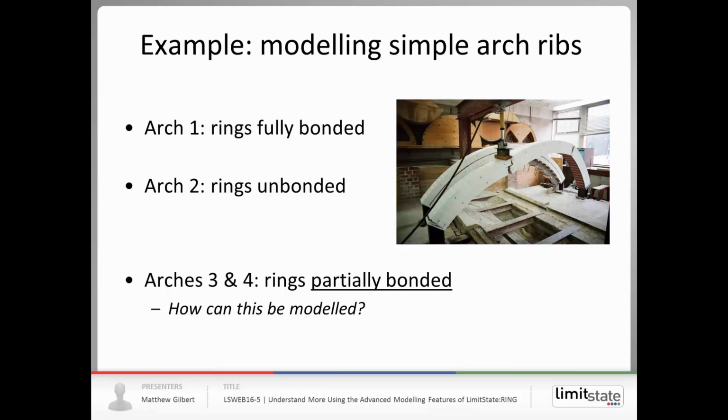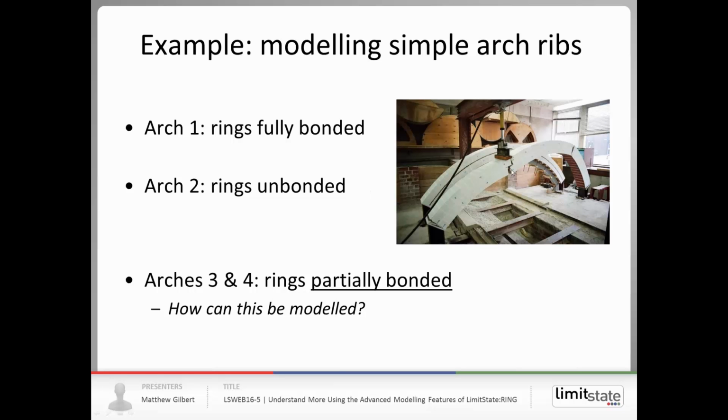The example I'm going to look at is actually a series of arch ribs that were tested in the laboratory. We actually had 4 arch ribs. One was fully bonded, so each of the rings of brickwork had a strong mortar joint between the rings.